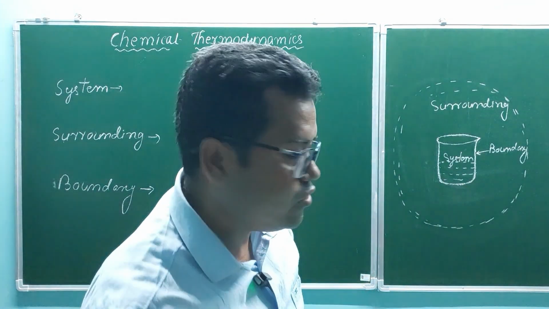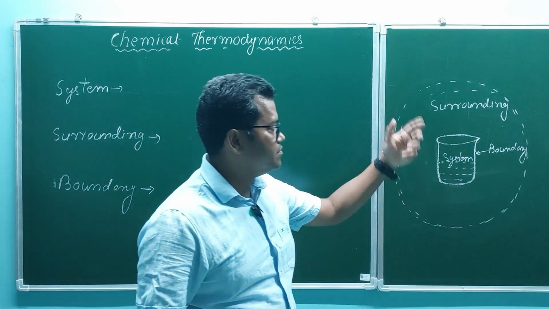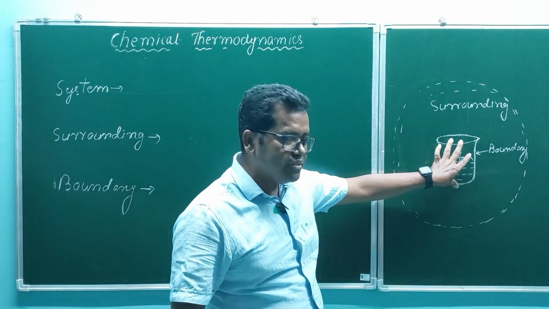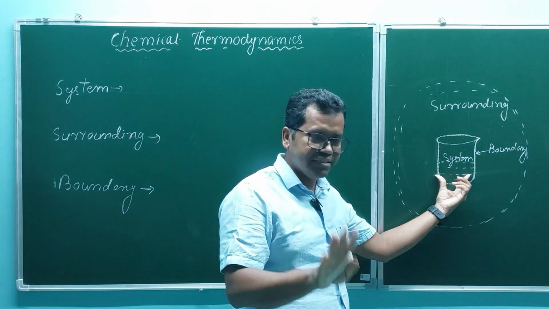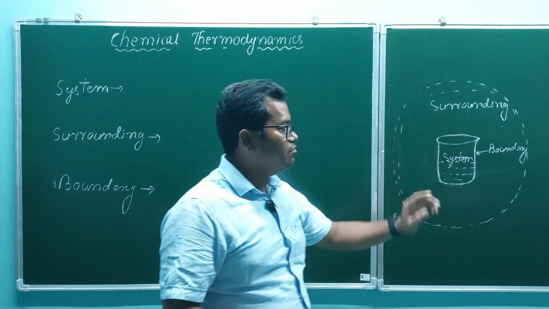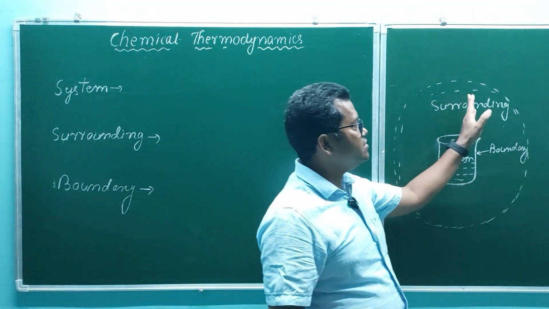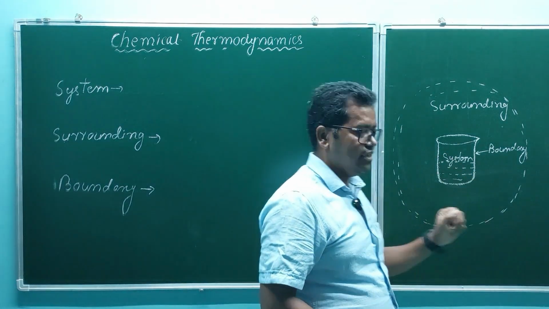Now, what is the definition of system, surrounding and boundary? System is that part of the universe which is under thermodynamic study, and the rest of the universe is called surrounding. Between the system and the surrounding, there is a real or imaginary surface called boundary.